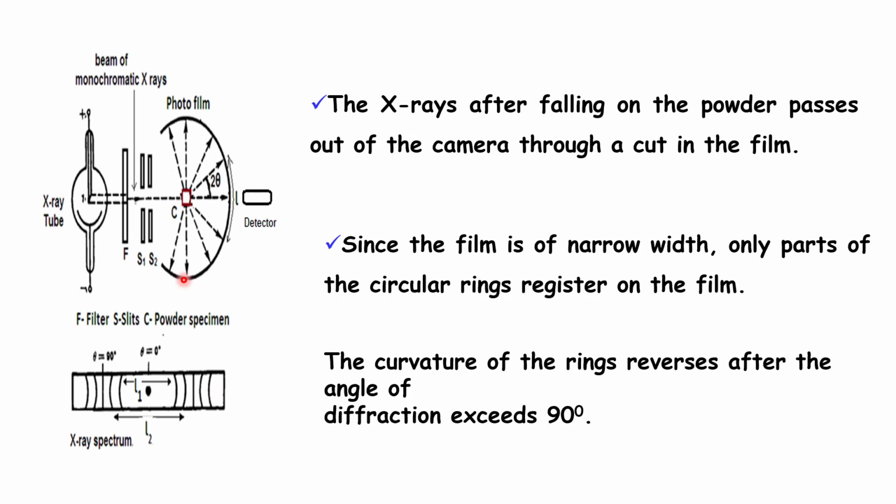I have already told you that when the diffraction angle exceeds 90 degrees, from this point to this, there will be reflection, and so we again get concentric rings due to the reflections also. That is the back reflection.